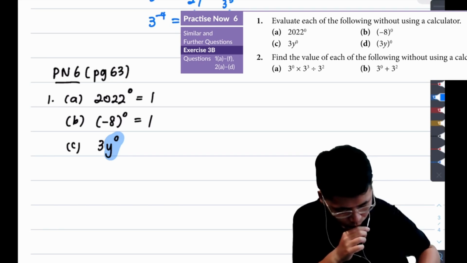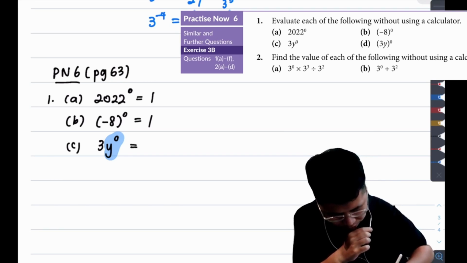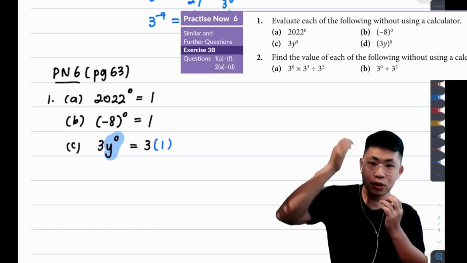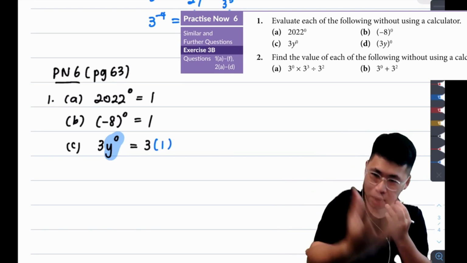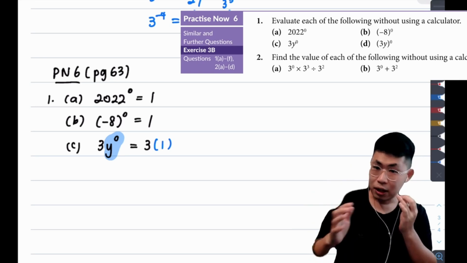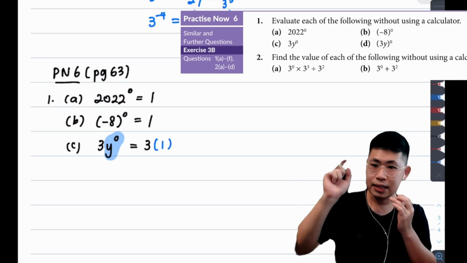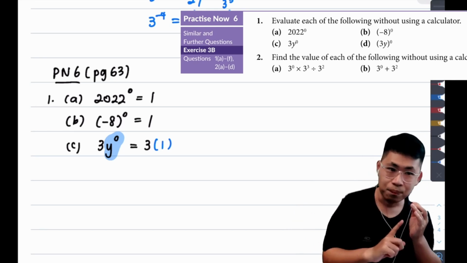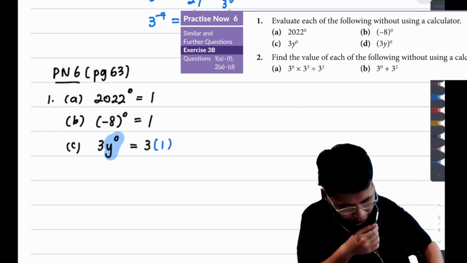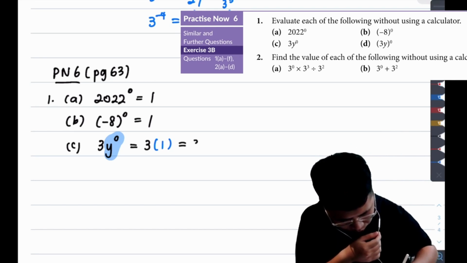So therefore we can only do this: 3, and y to the power of 0 is 1. This will be a very common mistake for everyone, where people mistake the power to be on the whole thing without the bracket. For this case, it is y to the power of 0 and not 3y whole thing to the power of 0. So this one is 3 times 1, which will give us 3.